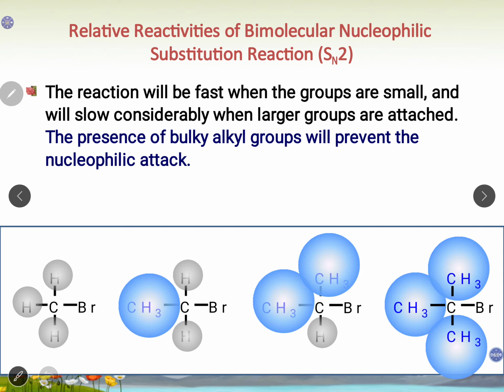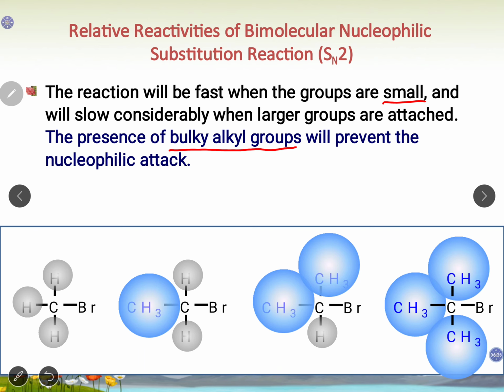So, the relative reactivities of bimolecular nucleophilic substitution SN2. The reaction will be fast when the groups are small, for example hydrogen only, and will slow considerably when larger groups are attached. The presence of bulky alkyl groups will prevent the nucleophilic attack.